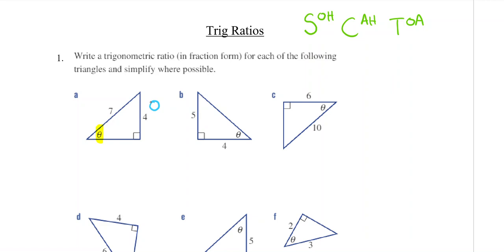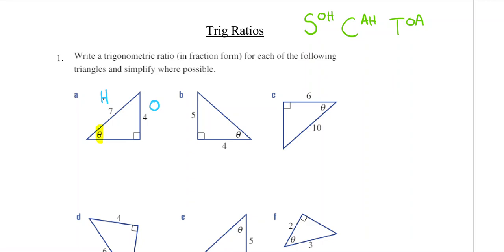Adjacent, which means it must be the hypotenuse. So just a little reminder, if this is the angle that I've been given, then the side down here between that right angle and my angle, this one is the adjacent. The one straight across is the opposite, and the one across the right angle is your hypotenuse.